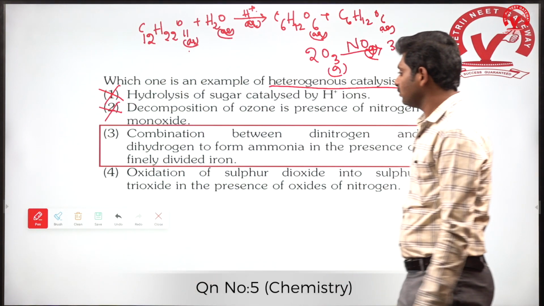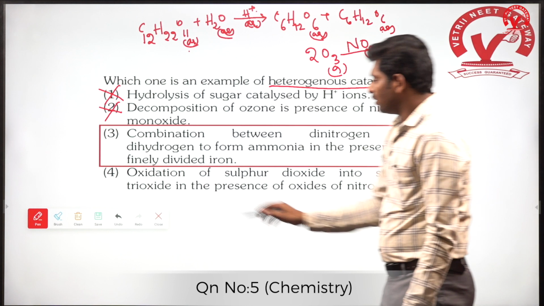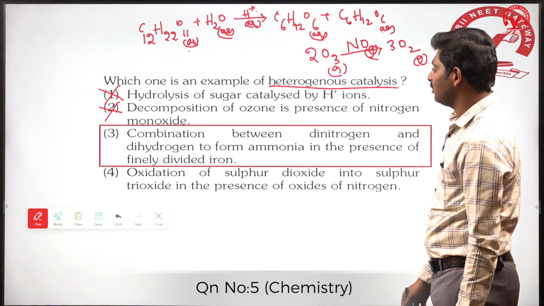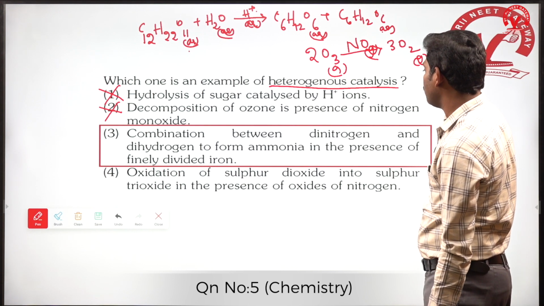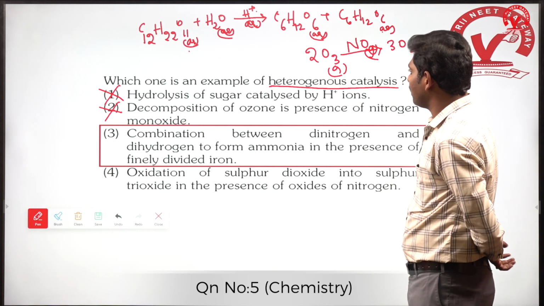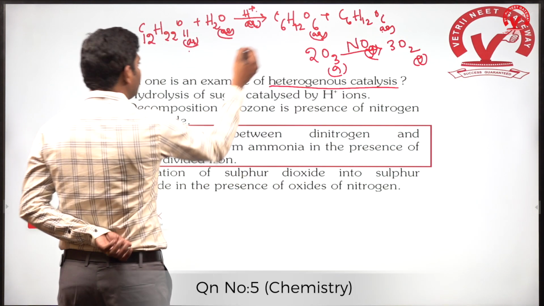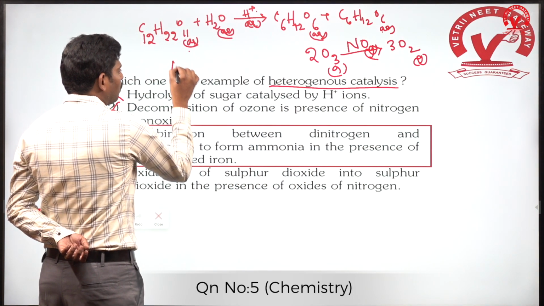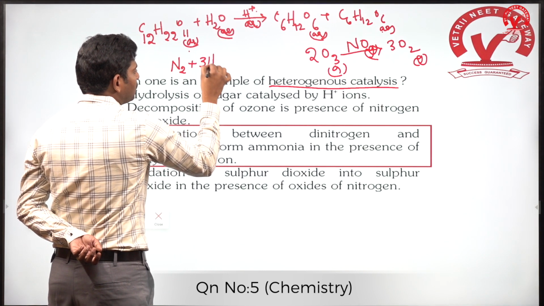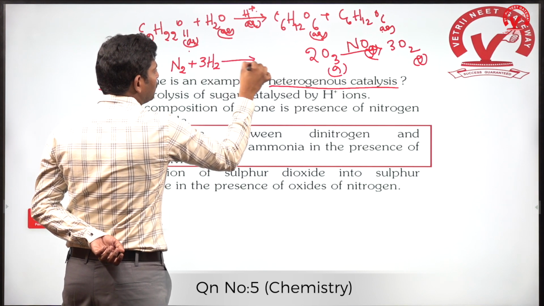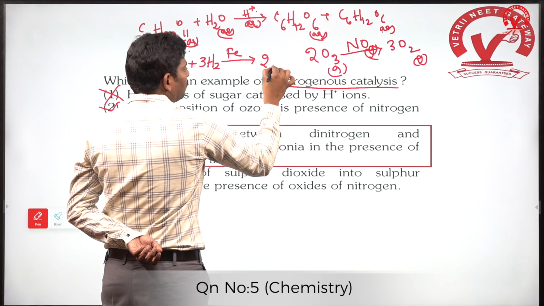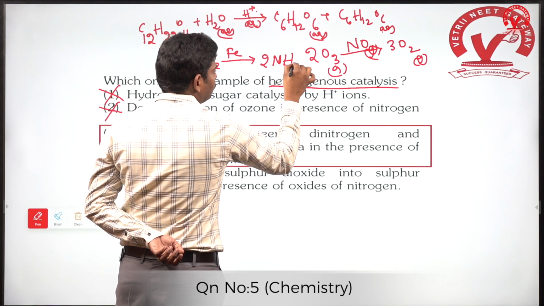Coming to the third one, check it. Combination of dinitrogen and dihydrogen to form ammonia in the presence of finely divided iron. If we write that equation, dinitrogen N2 plus dihydrogen in presence of finely divided iron forms 2NH3 ammonia.